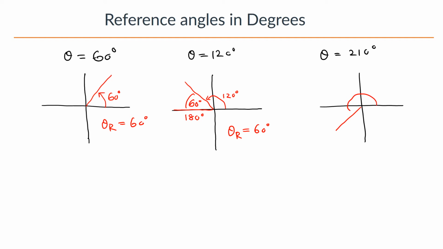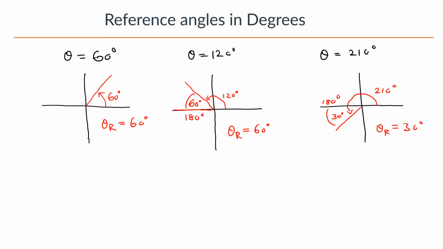That's the angle 210. Again, the closest angle on the x-axis is 180. So we find the difference between 210 and 180. You can see the difference is 30 degrees. So in this case, the reference angle theta r is 30.